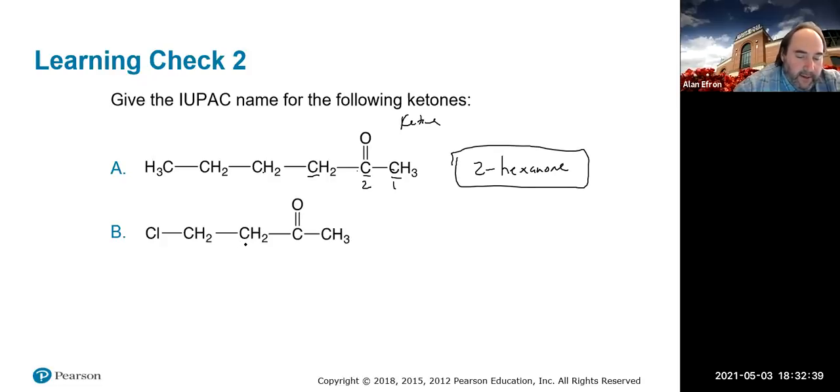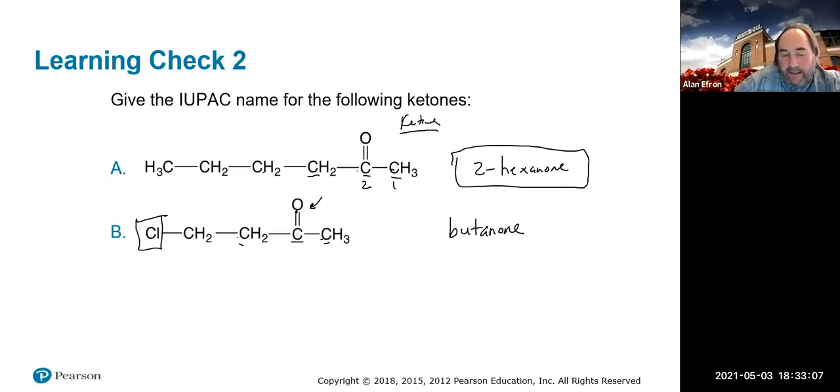Looking at the bottom one, we also see the 3 carbons in a row with the double bond telling us again it is a ketone. Going across here, we got 1, 2, 3, and only 4 carbons. This is not a carbon. Although people see the C sometimes and think it is a carbon, but actually not, it's a Cl. So this is actually 1, 2, 3, 4 carbons, 4 carbons based off of butane becomes butanone.